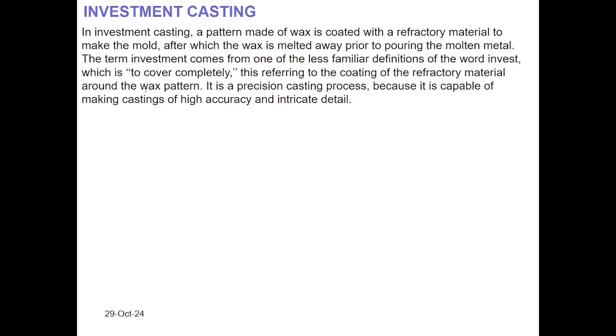Why is this method called investment casting? Investment means not capital, not money to pay, but the other meaning of investment is covering. The pattern is made of wax and it is covered by a refractory material, so that's why it is called investment casting.